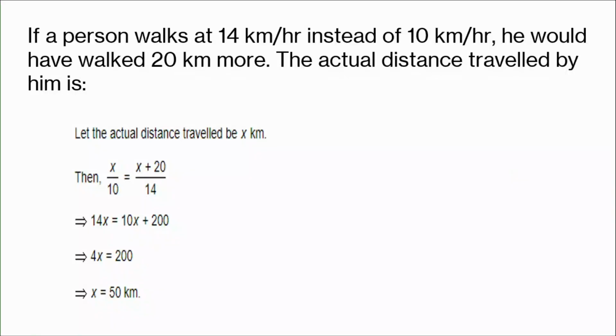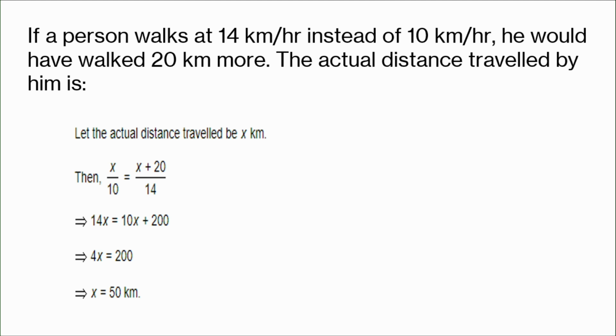If a person walks at 14 kilometers per hour instead of 10 kilometers per hour, he would have walked 20 kilometers more. The actual distance travelled by him is how much? Do you understand the question? If a person walks at 14 kilometers per hour speed instead of 10 kilometers per hour, he would have walked 20 kilometers more.